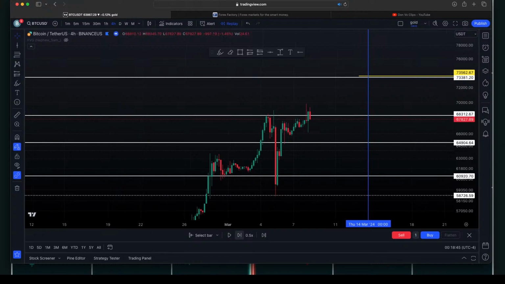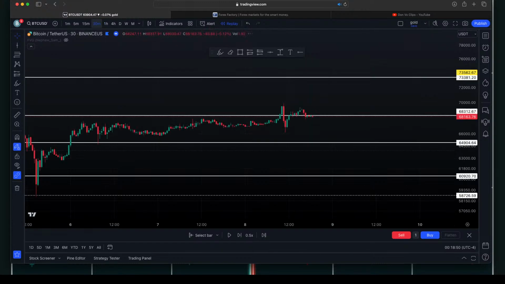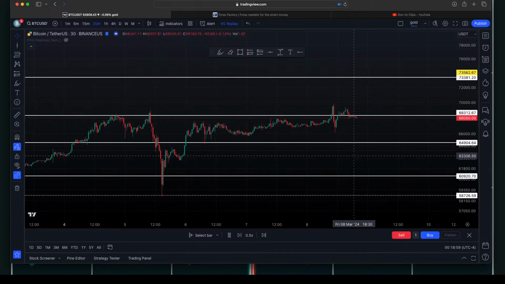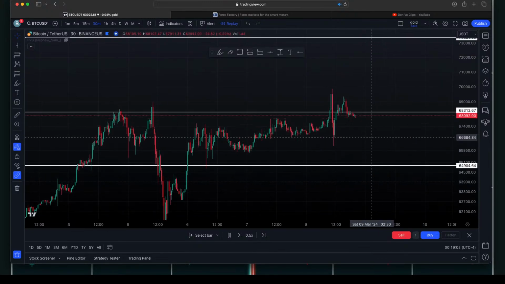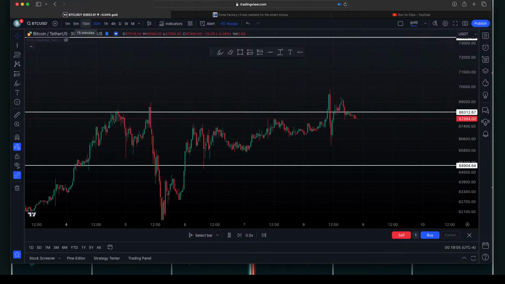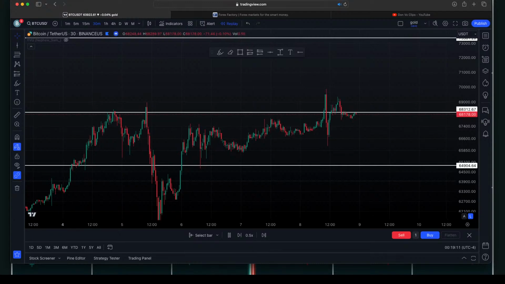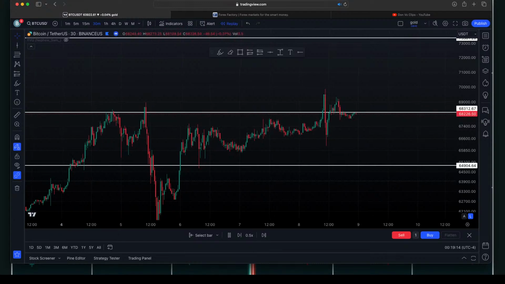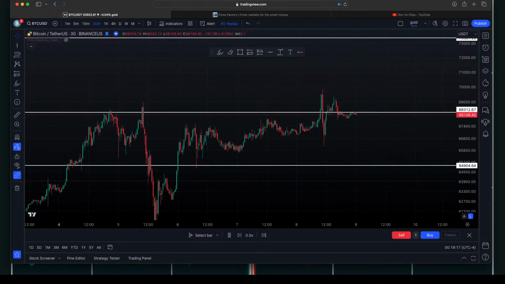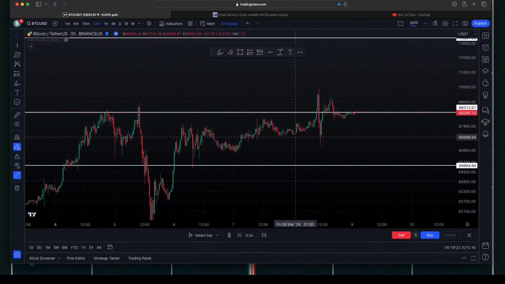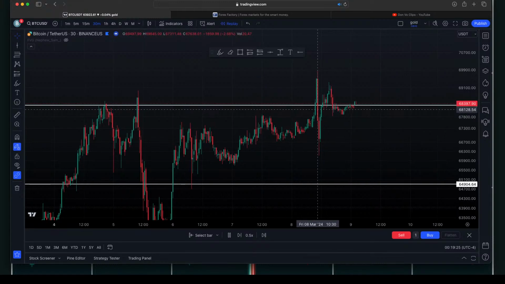Oh, you see how that happened like that? We're wicking down. So what I'm trying to figure out is why would that not be a good area?